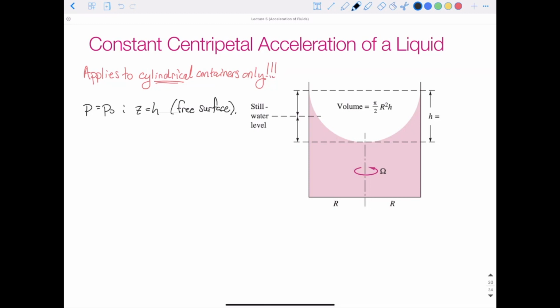Then the function H, which would just be Z as a function of R, would be 1/2 rho R squared omega squared over gamma, which we could just write as rho R squared omega squared over rho G. And we can get rid of these rho terms.